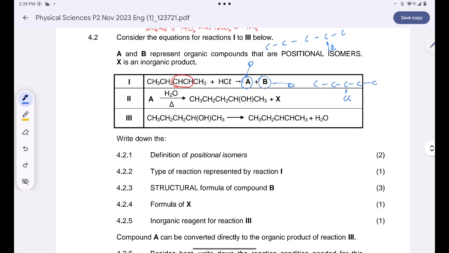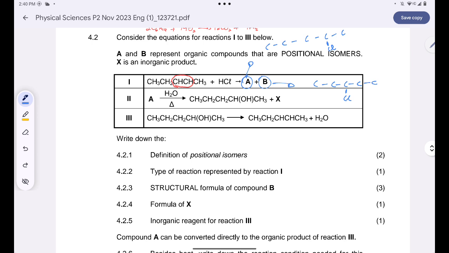Okay, let's work. The first question says define a positional isomer. Positional isomers are organic compounds that have the same molecular formula, but they have different positions of either the functional group, positioned on a different carbon, or the side chain positioned on a different carbon on our parent chain.